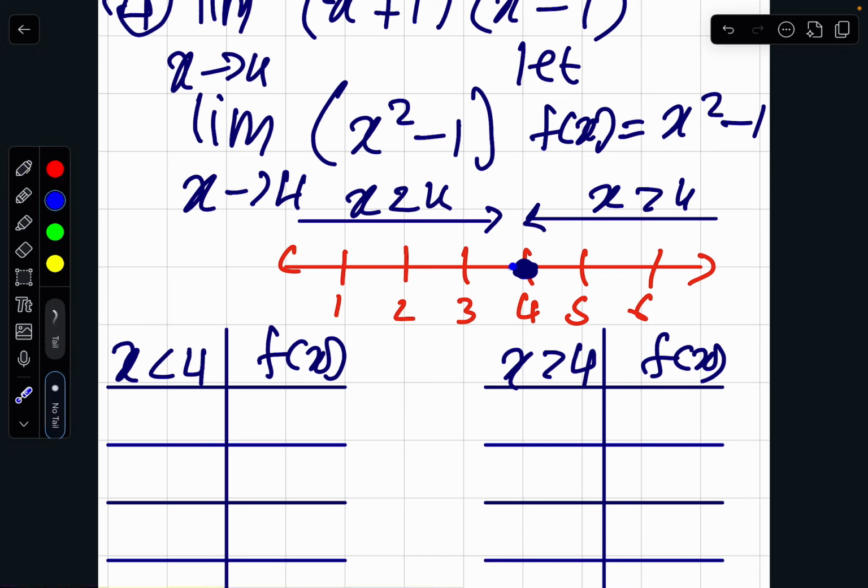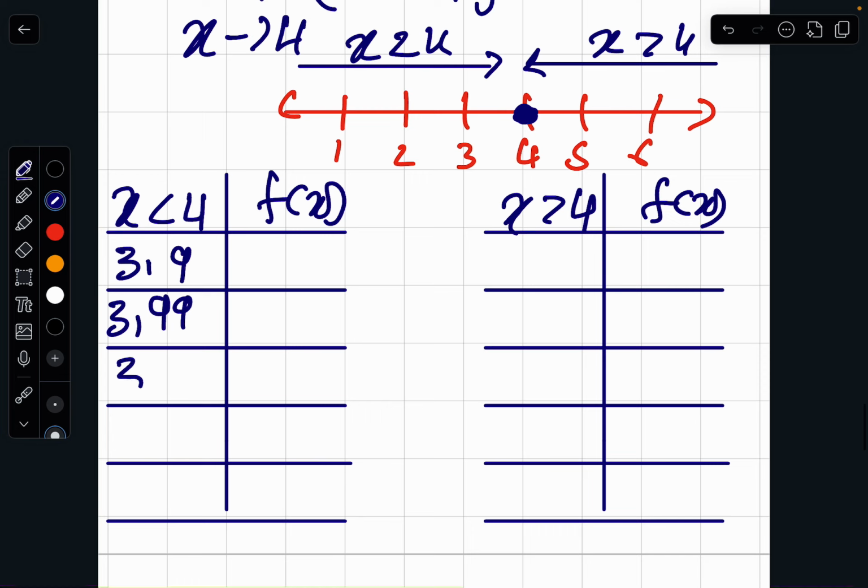Here it is 3.9. The other one is going to be 3.99, then 3.999, then 3.9999, then 3.99999. Understand?